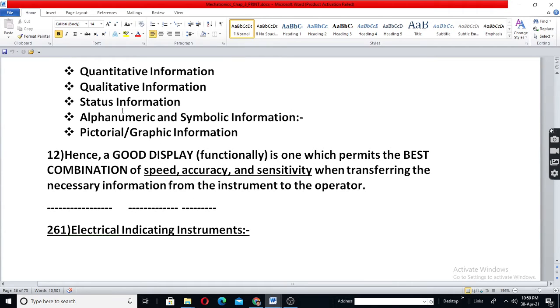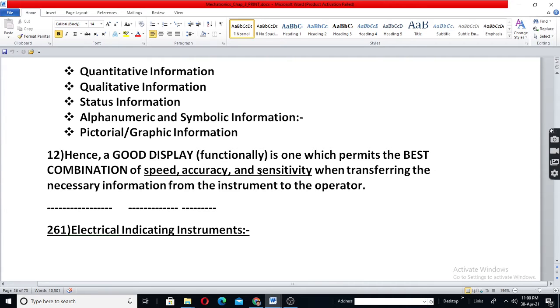So a good display or data presentation unit should have good characteristics. It should have the right speed, accuracy, and sensitivity. Take the example of an ammeter.